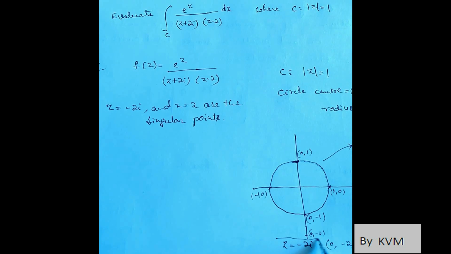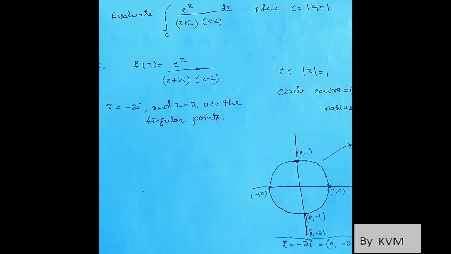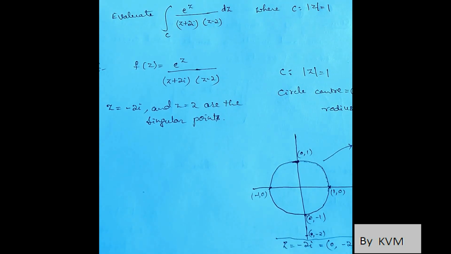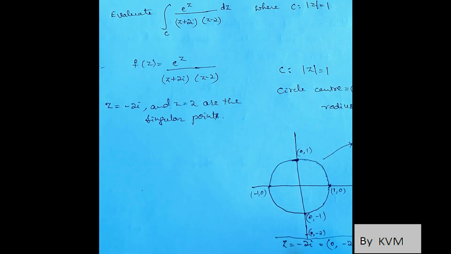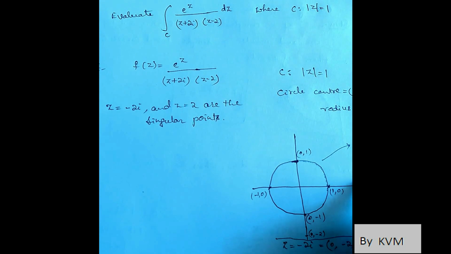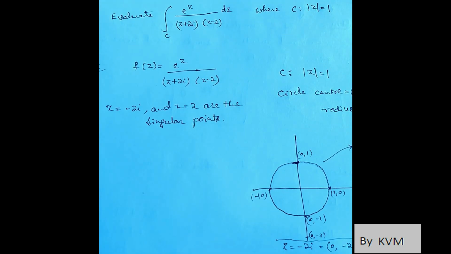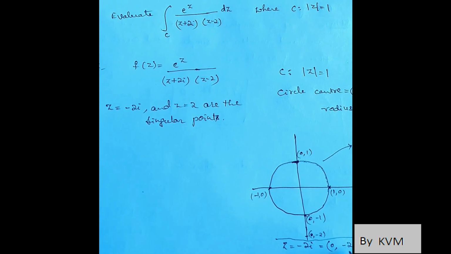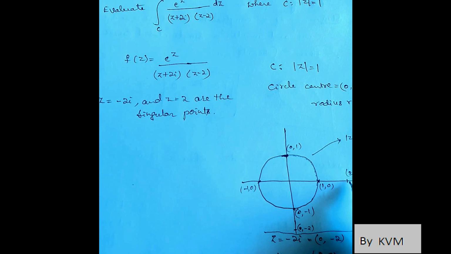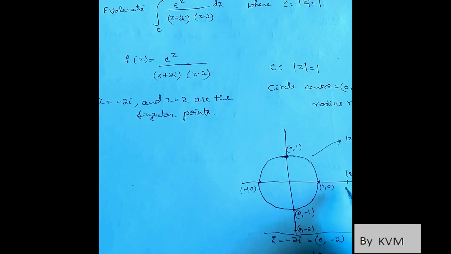If you take another point, that is z equals 2, z equals plus 2 means 2 comma 0. It lies on the x-axis. So this is 2 comma 0. So both these points, z equals minus 2i, that is 0 comma minus 2, and z equals 2, that is 2 comma 0, both lie outside the circle.